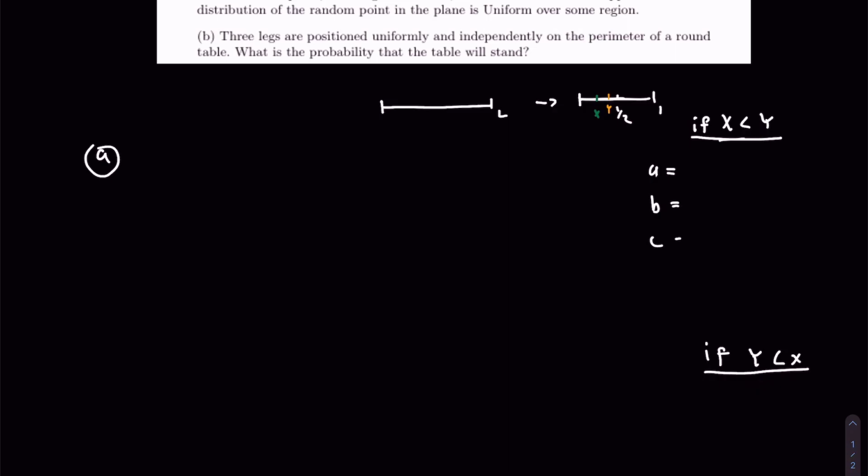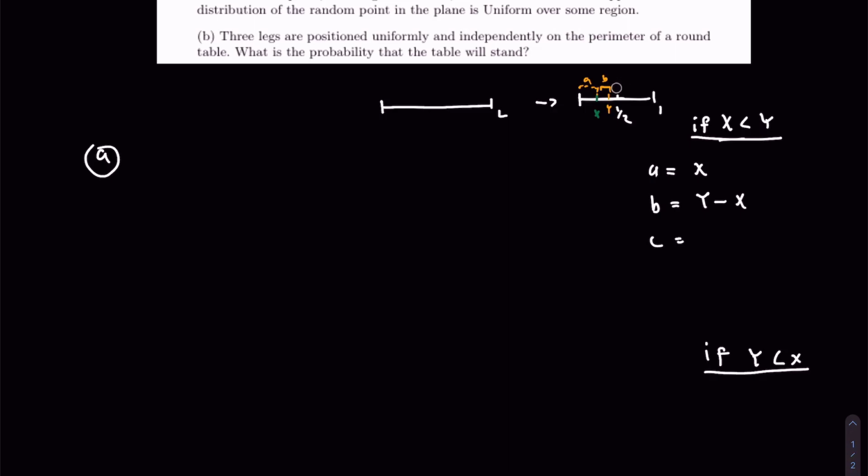So let's first think about what happens in the first case. Let's say A is the length of wherever x lands. So this would be A, and B is the difference between y and x, so y minus x. And C would be whatever is left in the segment here.